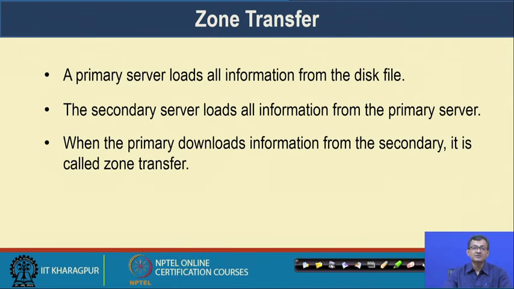In a zone transfer, a primary server loads all the information from the disk, and the secondary server loads all information from the primary server. It is required if there is a need like that.